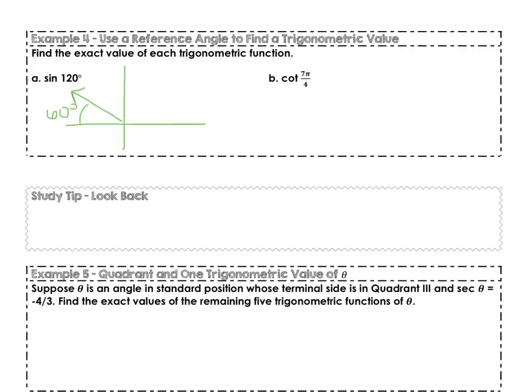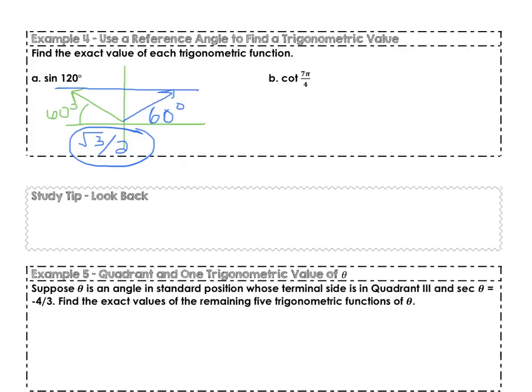That means that his reference angle would be 60 degrees, and we're going to share those values with 60 degrees. Well, sine is going to be the y-coordinate, and it's going to be the exact same as it is for 60 degrees in the 1st quadrant. And the y-coordinate, or the sine value for 60 degrees, is radical 3 over 2. Therefore, the sine of 120 degrees is radical 3 over 2.